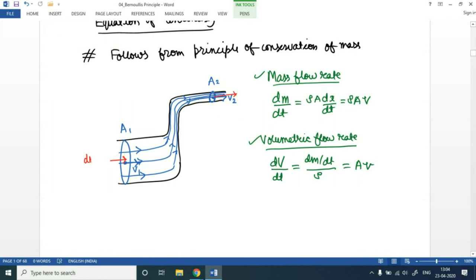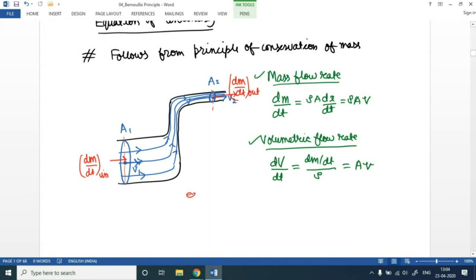The rate of flow of mass going inside the system must be equal to dm by dt out, because between these two cross sections the accumulation of liquid is no longer happening, and it is homogeneous as well as incompressible. So we can safely say that the mass of the liquid between these two cross sections is conserved. So whatever is the mass flow rate in must be equal to mass flow rate out.